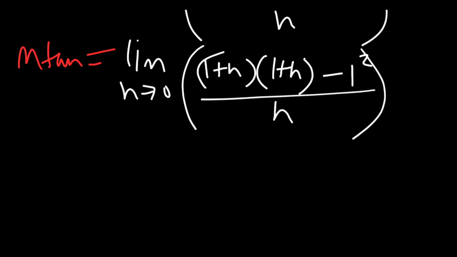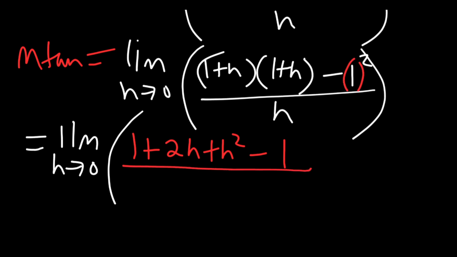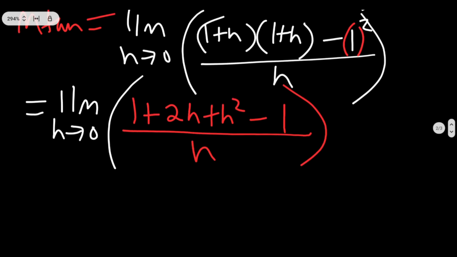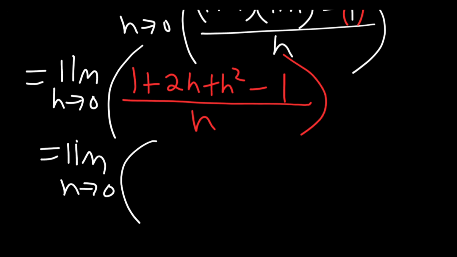And then this is going to be equal to the limit as h goes to 0 of, let's combine these terms: 1 plus, that's going to be 2h in the middle, plus h squared, minus 1, right, because this is in parentheses, all over h.